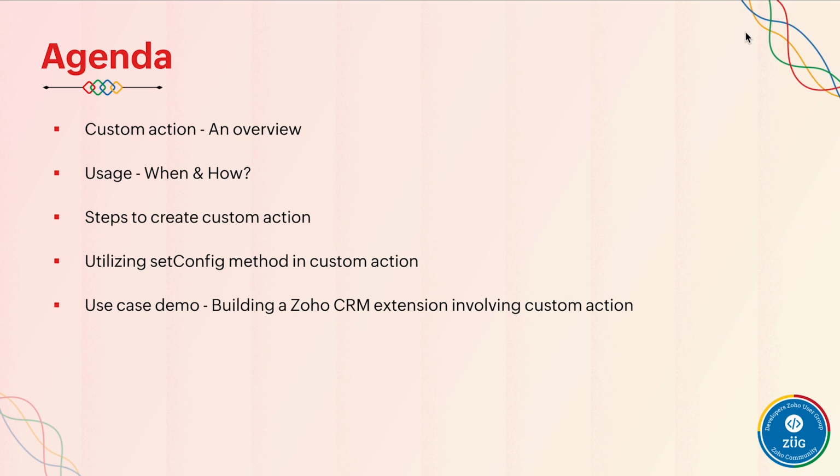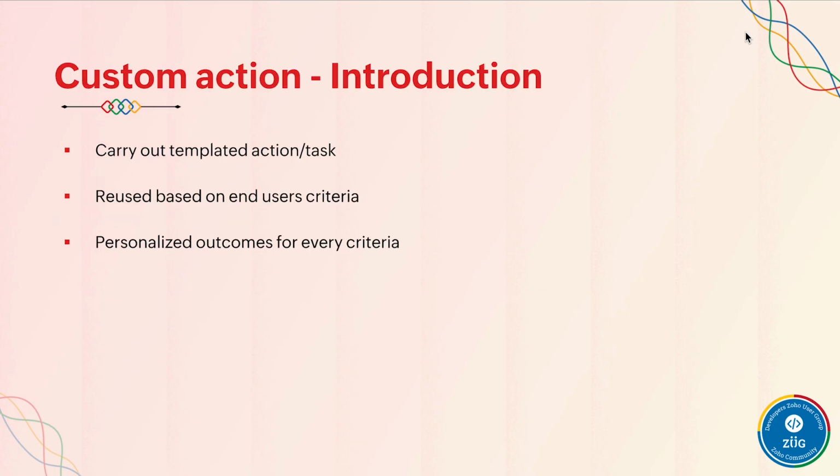So without any further ado, let's start with the first topic, which is going to be a quick introduction on what custom actions are. These custom actions help you to carry out a templated task or an action that can be reused across different scenarios, but it helps you to get a personalized outcome out of every scenario.